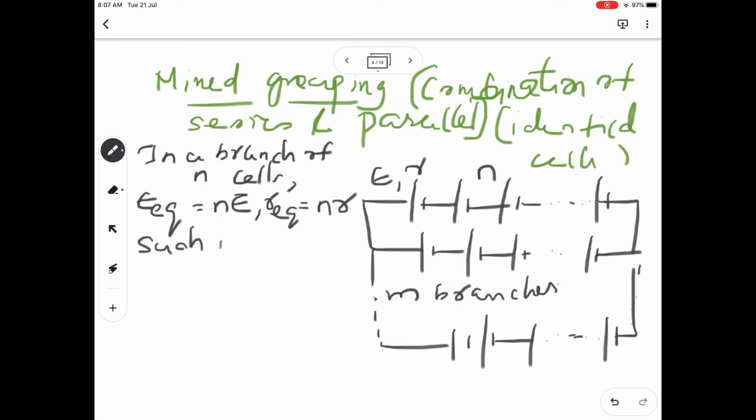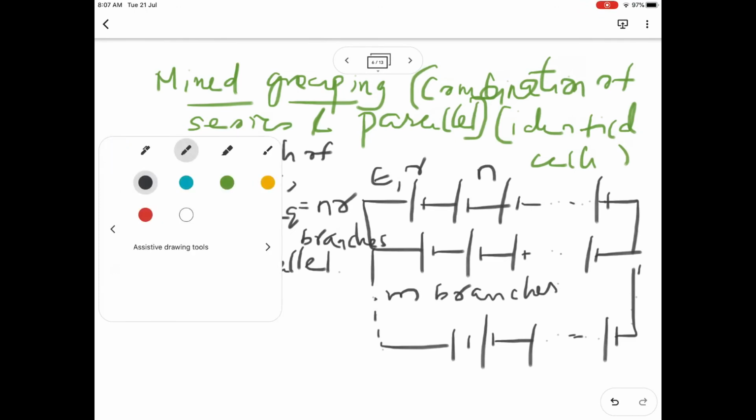This is what we studied in the previous class about series combination of cells. So that is the inner branch's equivalent EMF and internal resistance. Such m branches are in parallel combination.